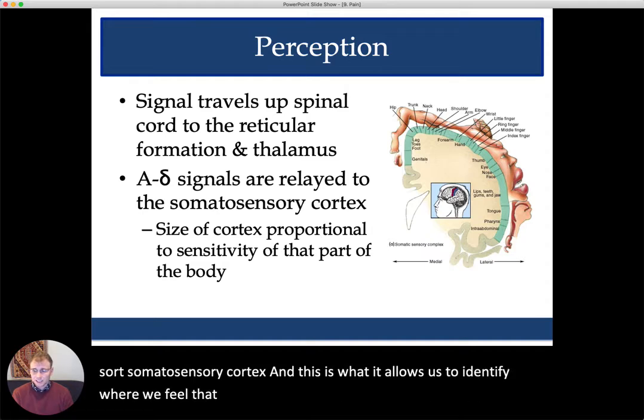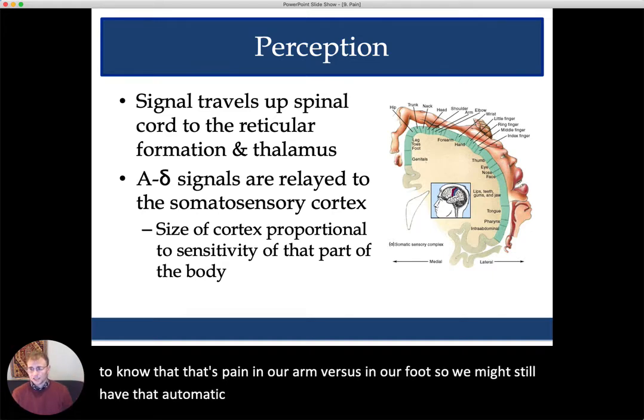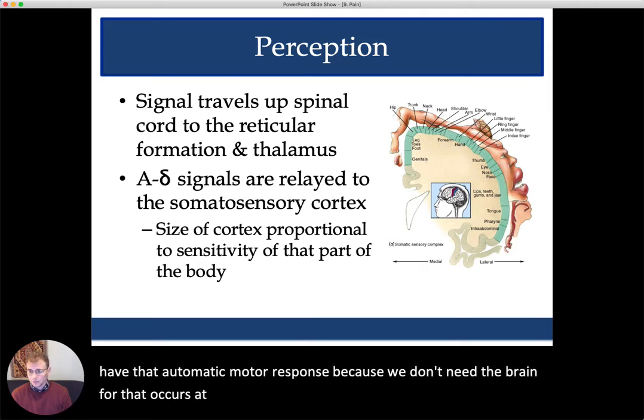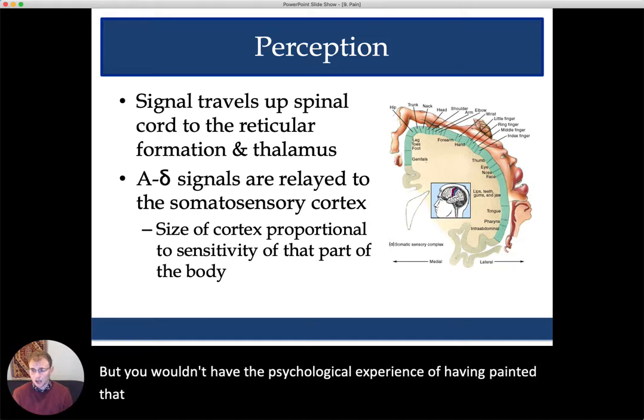If that signal doesn't get there, we're not going to know that that's pain in our arm versus in our foot. Right? So we might still have that automatic motor response because we don't need the brain for that. That occurs at the level of the peripheral nervous system, but you wouldn't have the psychological experience of having pain in that hand specifically if we don't get the signal to the somatosensory cortex.